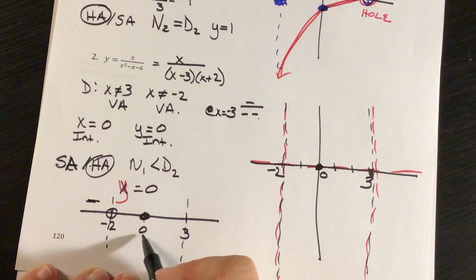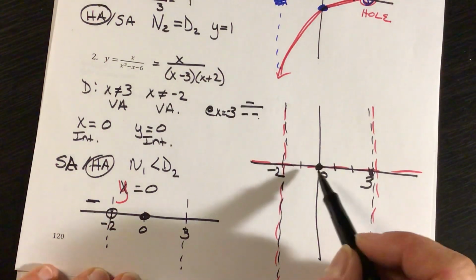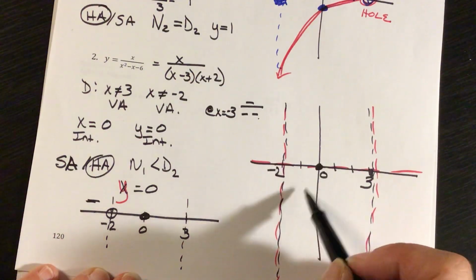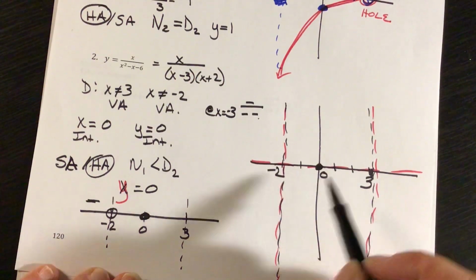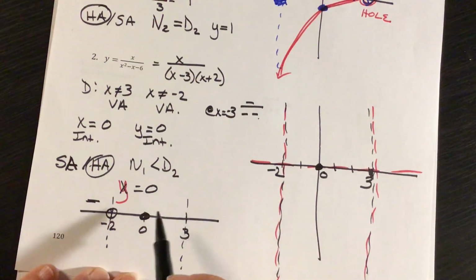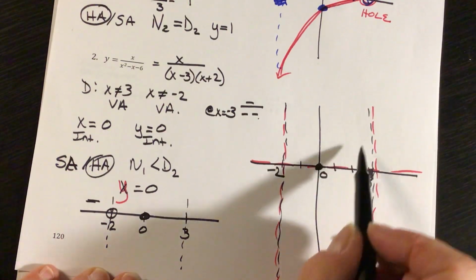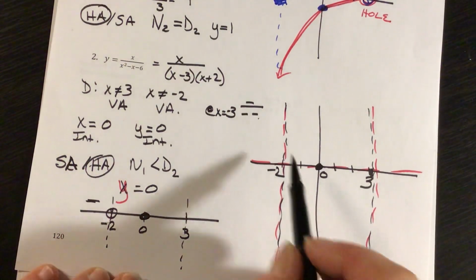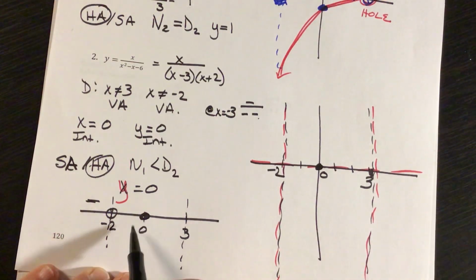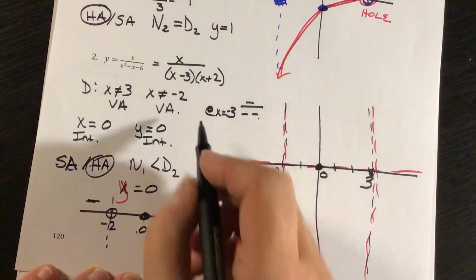Between -2 and 0. Okay, so what I need to determine is which direction to the left of 0 it is approaching as it goes through 0. And it could be that 0 is a bounce. So we need to look, is it going through or is it bouncing? So between -2 and 0, let's try -1.